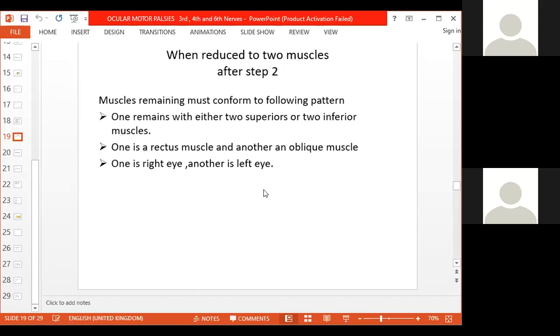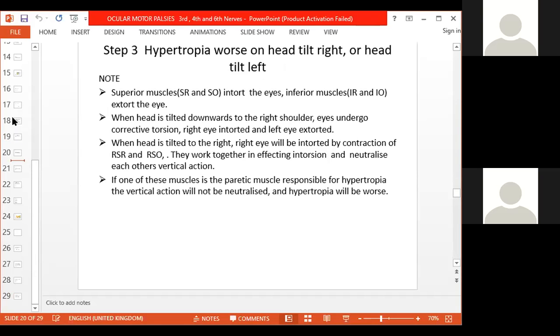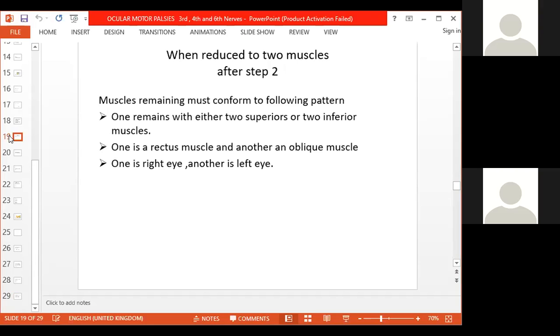Someone wants clarity on slides 19 and 20.